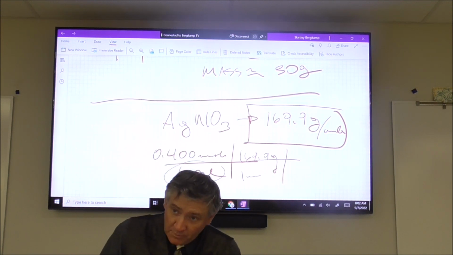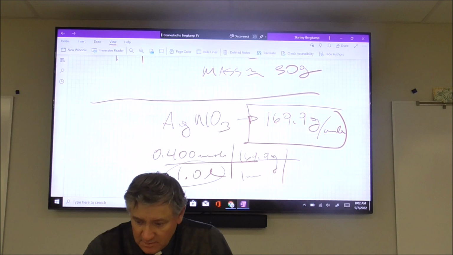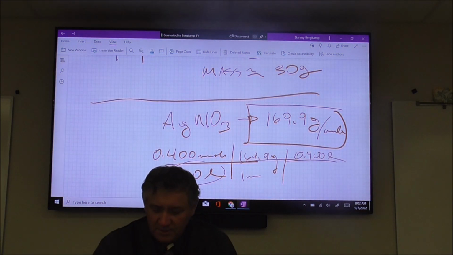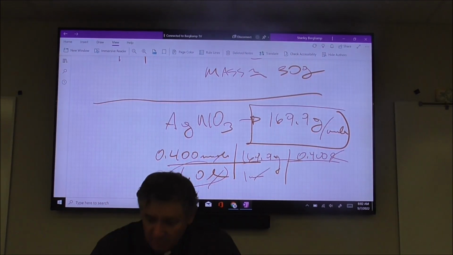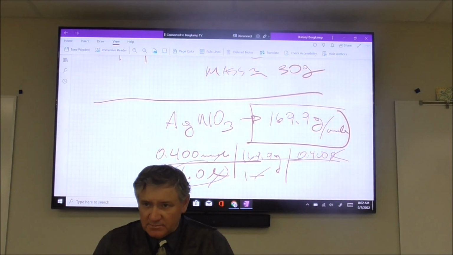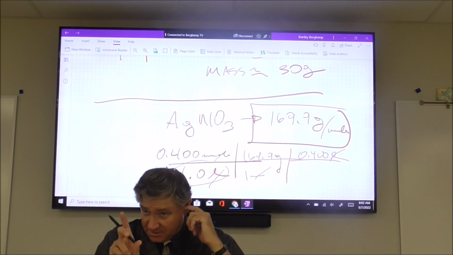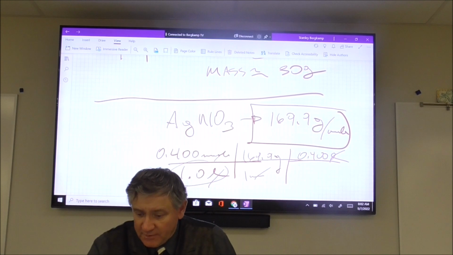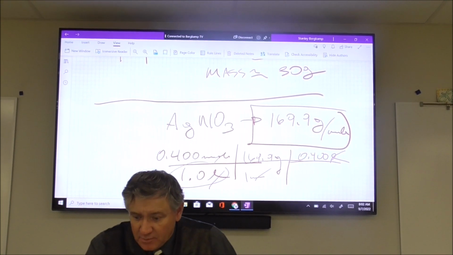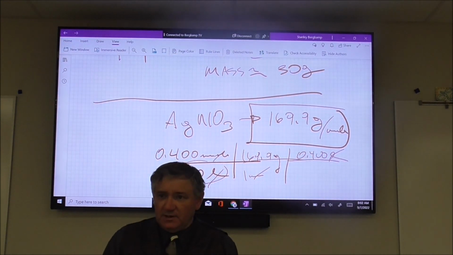I only need 0.4 liters of it. So your last step then is to multiply by 0.4 liters. Then your liters cancel out, your moles cancel out, and you get grams. So one option, if you just want to work this all at once, you take 0.4 times 169.9 times 0.4 again.